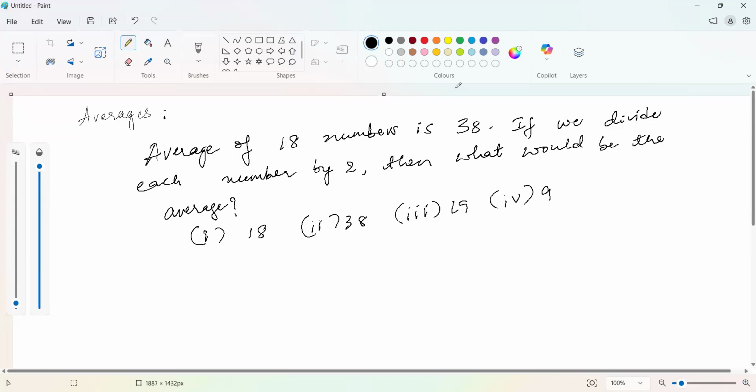Earlier, I told you multiplying every number by 2. Now I'm telling you to divide every number by 2. So you don't have to calculate anything at all here. Directly you take the average, 38, and divide it by 2 as well. So 38 divided by 2, the answer will be 19. No need of any calculation.